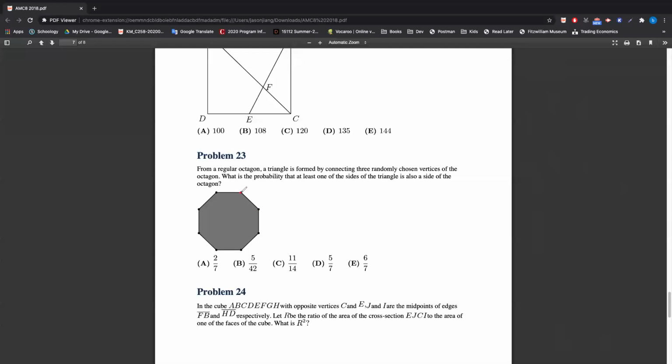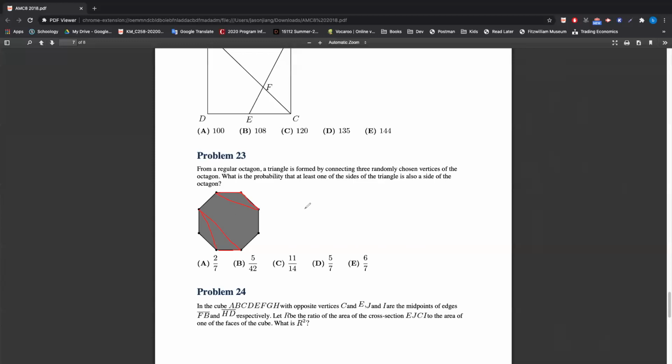If we didn't use this method, we would have to find the probability of 2 edges, the probability of 1 edge, and add those up. That's just a pain because we're doing twice as much work as we need to. Using the other method, which we call complementary counting, is going to save you a lot of time.